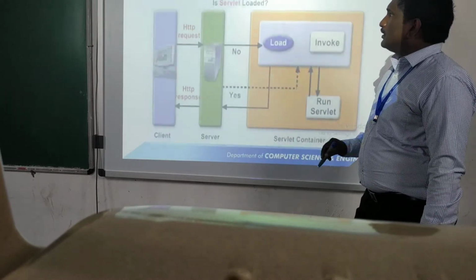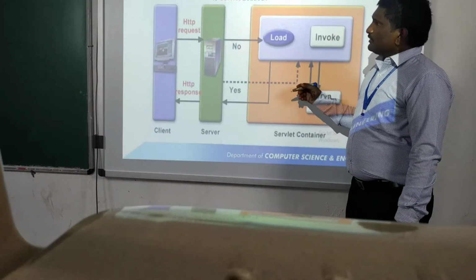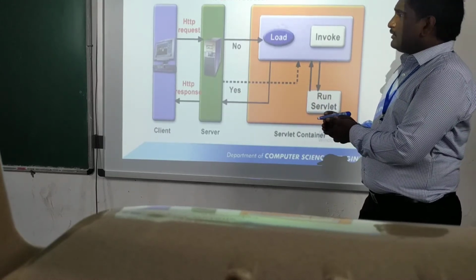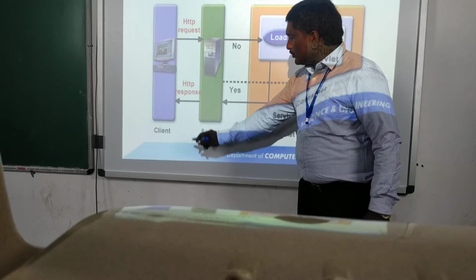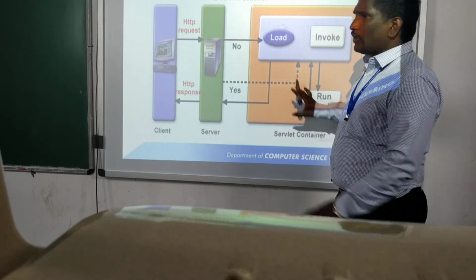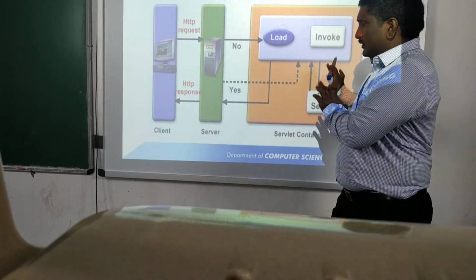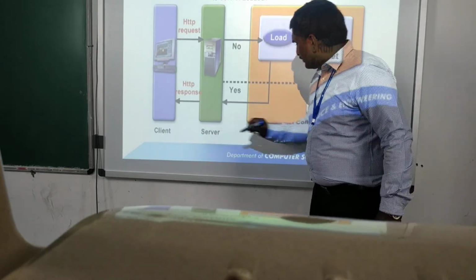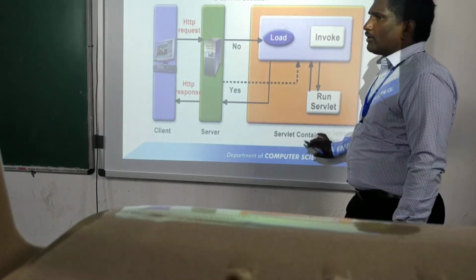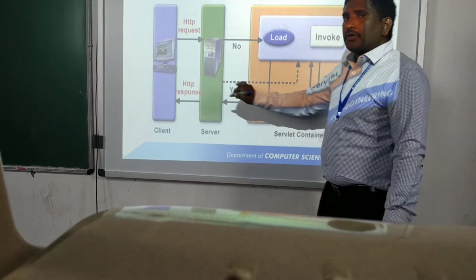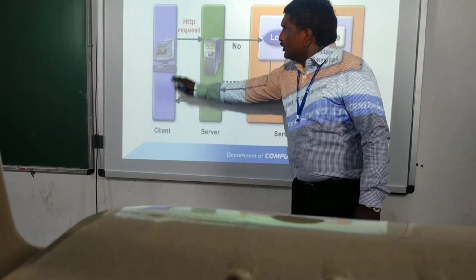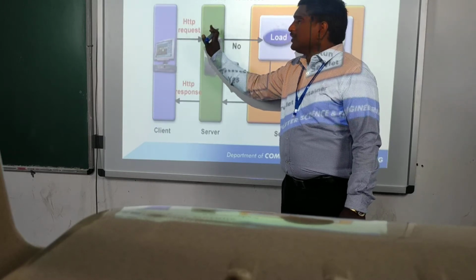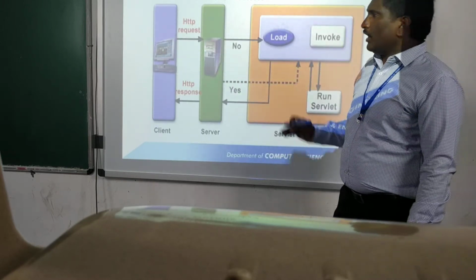Next, this architecture explains the process of execution of a Servlet. Here we have the web client, the web server, and the Servlet container or Servlet engine. The web client, making use of the HTTP protocol, sends a request to the web server in order to get the output.